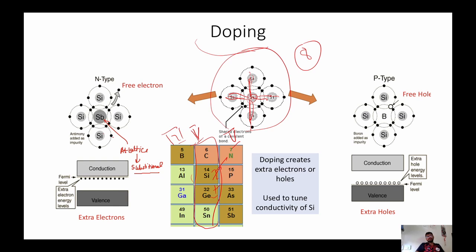Now what if we substitute this silicon with antimony, a group 5 element? Antimony has 5 electrons in its valency shell, while group 3 has 3 electrons and group 4 has 4 electrons in the valency shell.